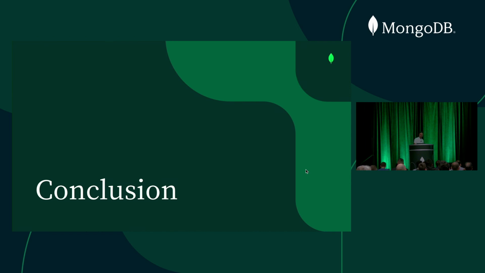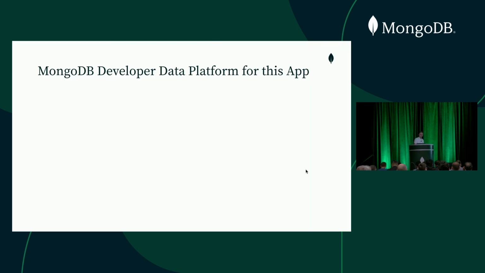All right. So today in this session, I walked you through how I developed an end-to-end application to analyze financial market data, especially for cryptocurrency. And I used many capabilities of MongoDB Developer Data Platform. In the front end, I used Realm Web SDK.